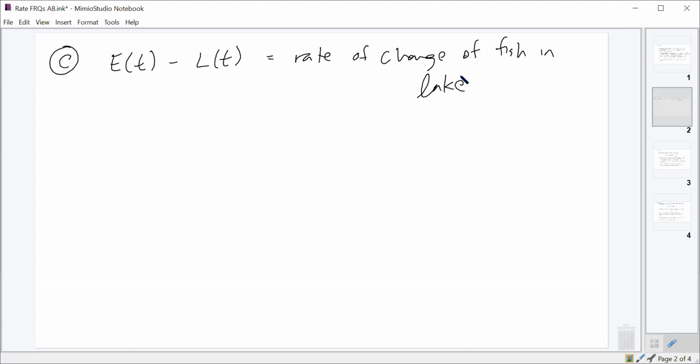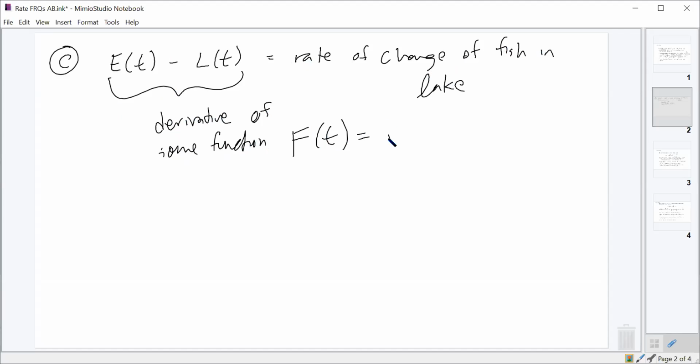And so this, a rate of change of the fish in the lake, is the derivative of some function. We can call it whatever we want. Let's call it capital F of t equal to the fish in the lake, right? The derivative of this is the rate of change of the fish in the lake, and that's what E of t minus L of t itself is.